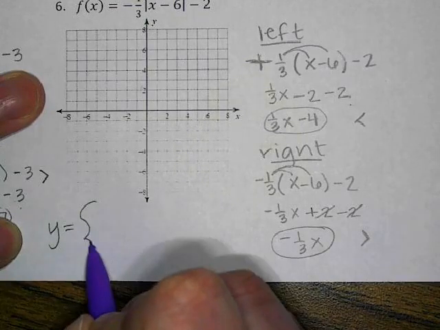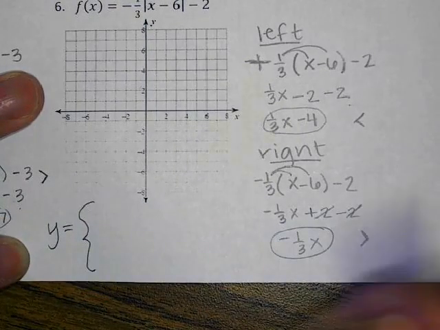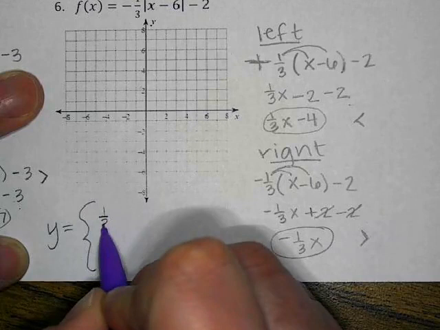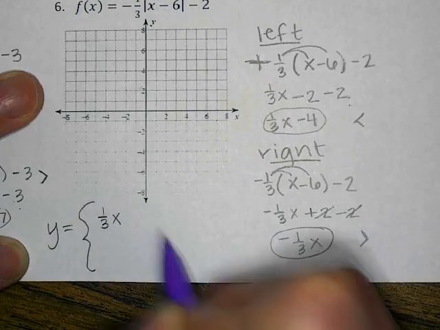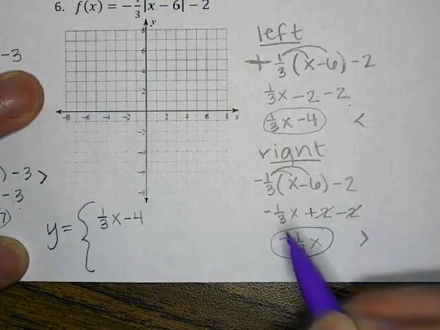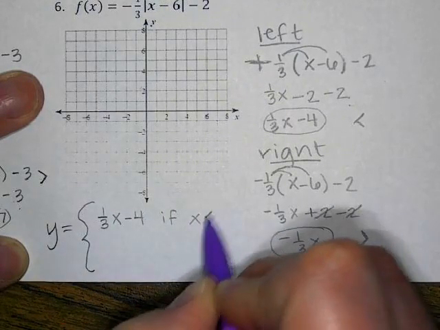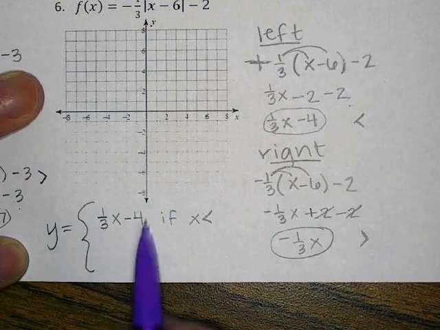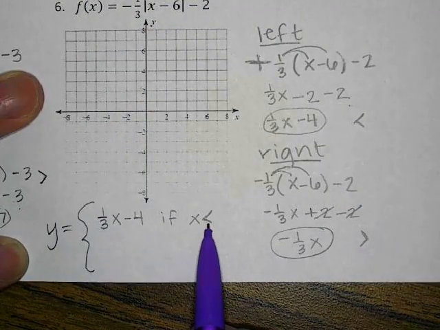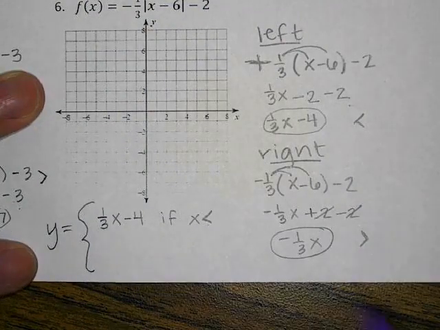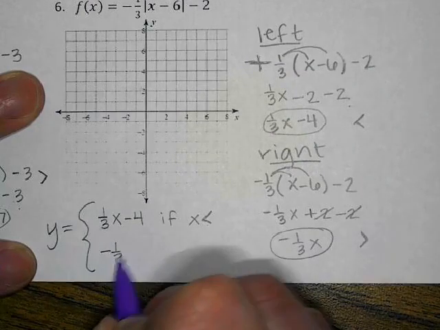So left side, if x, and then we do the left. So the left side equation, if x is left of. The right side equation, if x is right of.